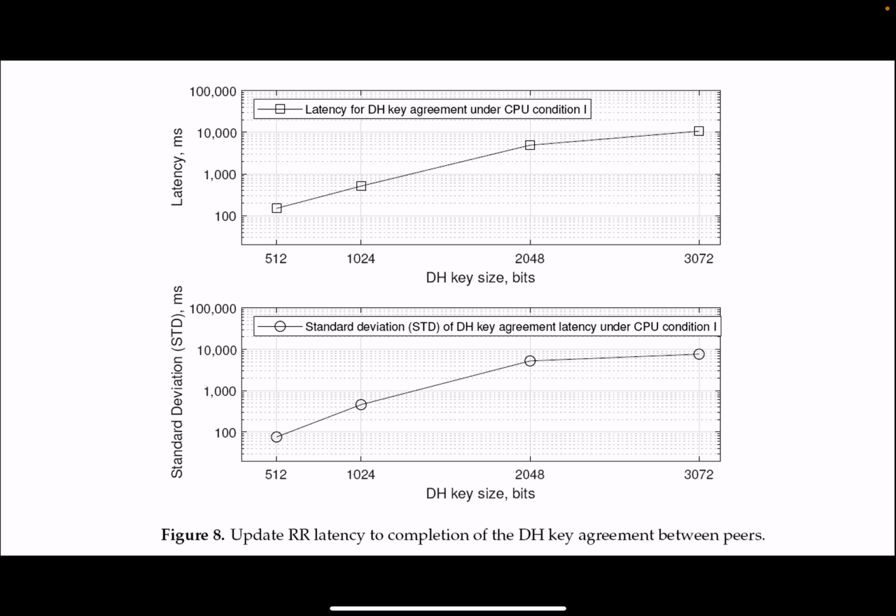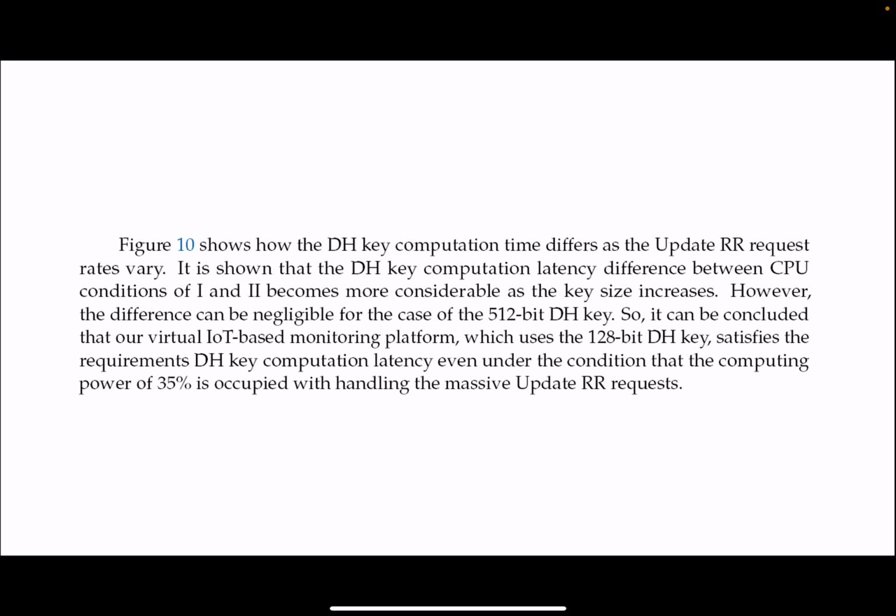Figure 10 shows how DH computation differs as the update RR request rate varies. It is shown that the DH key computation latency difference between CPU conditions 1 and 2 becomes more considerable as key size increases.